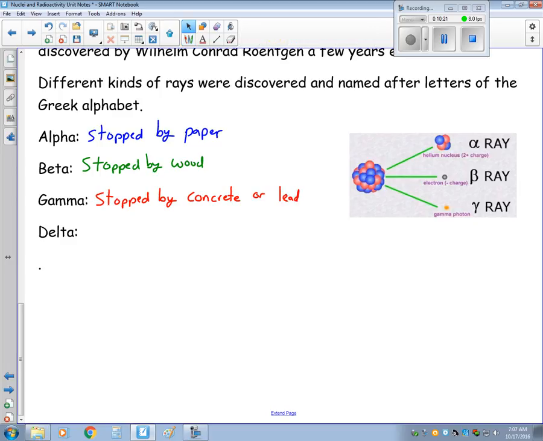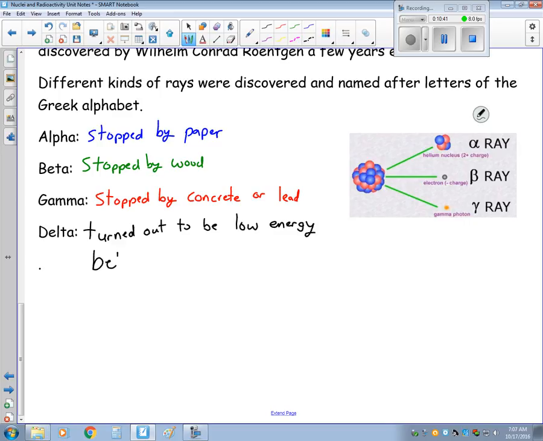And then delta rays, they thought they were different, but it turns out that delta rays were simply low energy beta rays. So they could be stopped by thicker materials like wood as well.